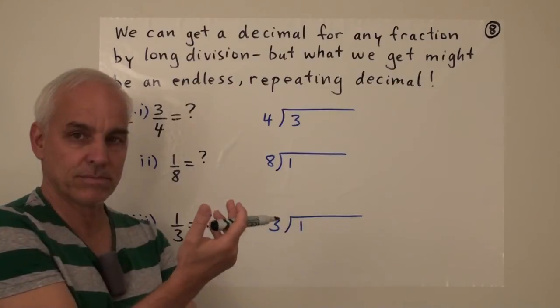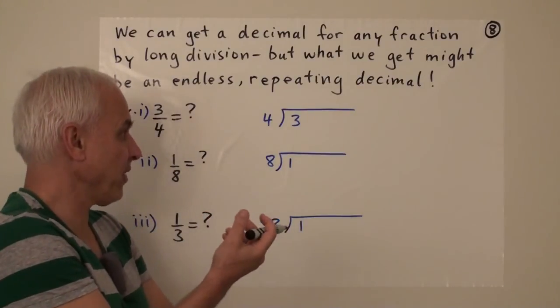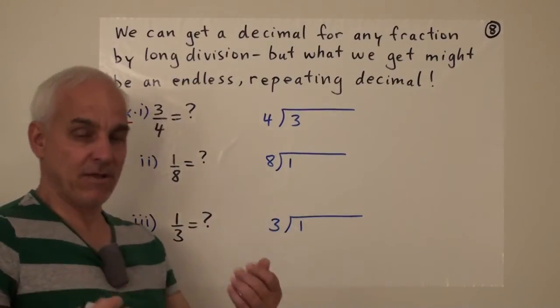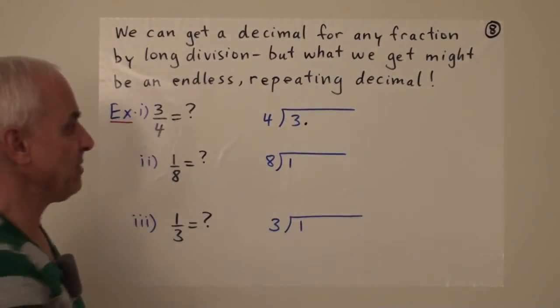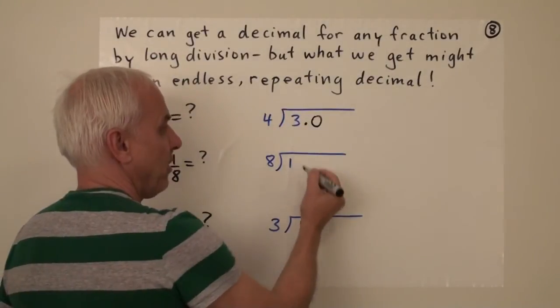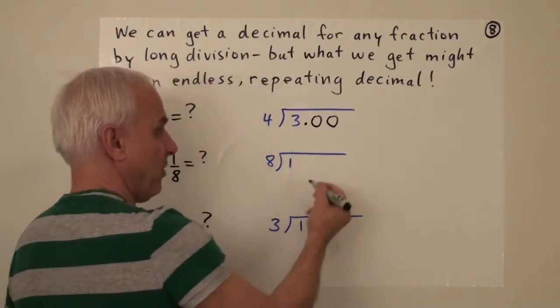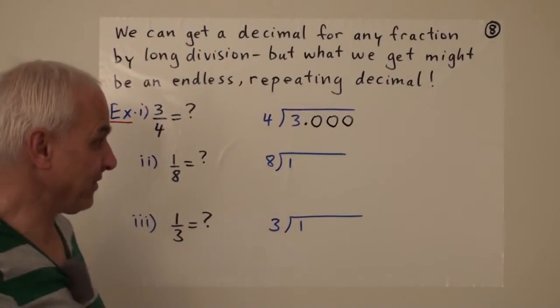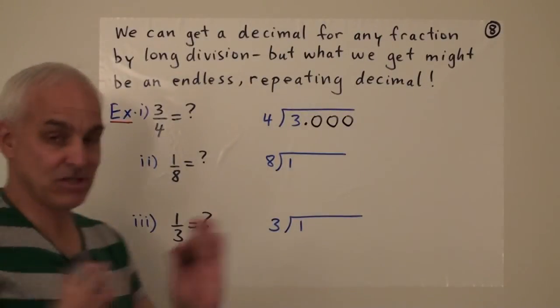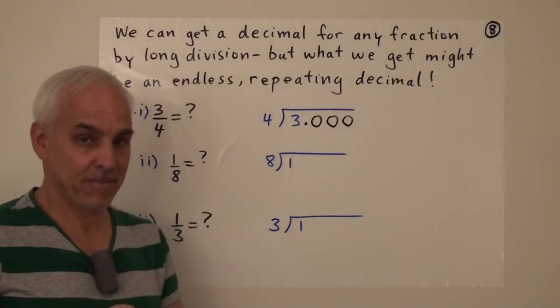The answer is 0 with a remainder of 3. But if we allow ourselves decimals, then we can think about 3 as being the same as 3.0. In fact, it's the same as 3.00 or 3.000. We can add as many zeros to the right of the decimal point as we like. It doesn't change the number.